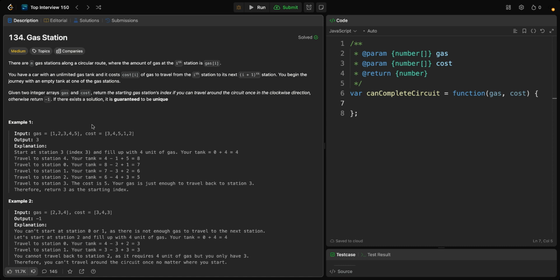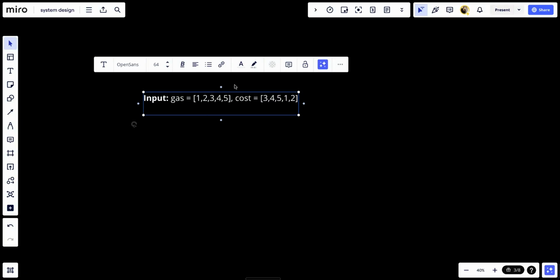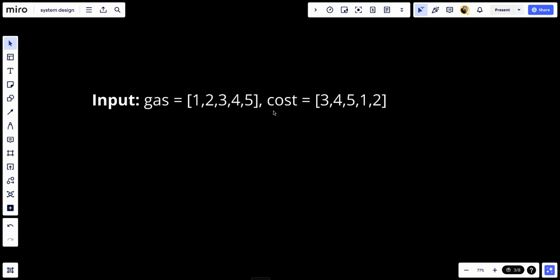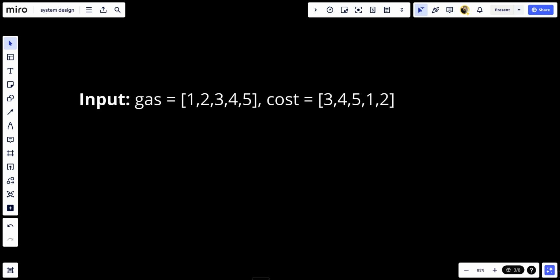Okay, maybe it's not that clear from the description, because the description is not that easy to understand. But if we look at this example, let's see how it works.